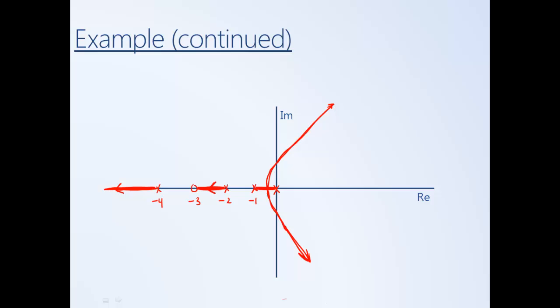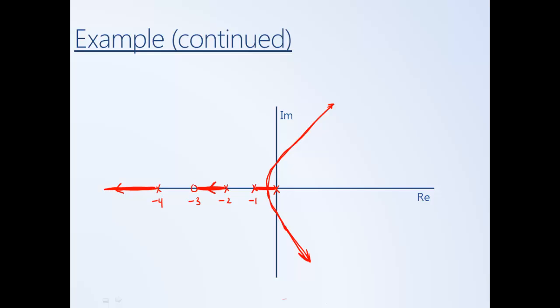So in general, we will know between which 2 poles we have a breakout, or between which 2 zeros we have a break-in, but we won't necessarily know the exact location. So it's not necessarily the case that the breakout point is at -0.5. The breakout point isn't necessarily halfway between the two poles.